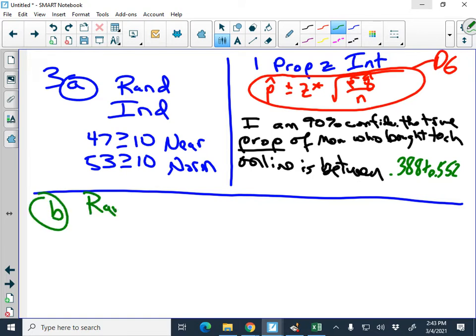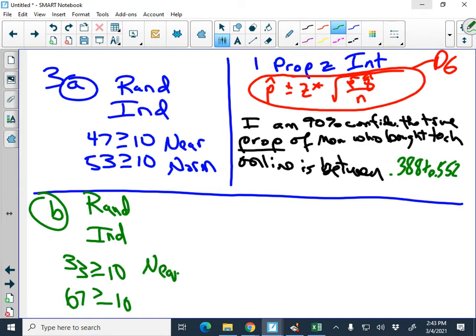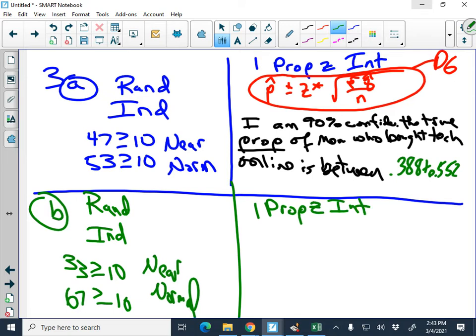Okay, so now in part B, we're going to do this for the women. So we're going to go random check, independent check. The women at 33 and 67. Those are both bigger than 10. So nearly normal. We're going to do a one prop z interval. I'm not going to do the formula this time. Hopefully you get that idea. But I'm going to start writing the sentence for the women.